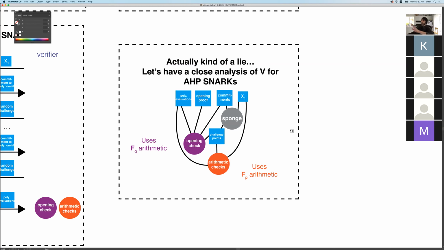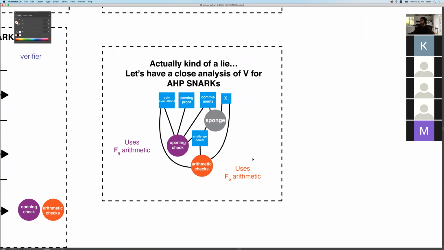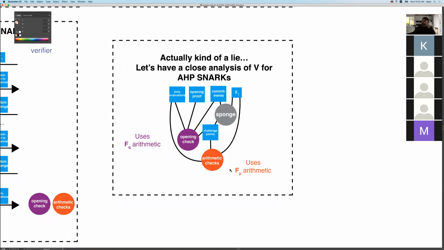For the kinds of SNARKs that we're actually using in practice, those are ones instantiated using polynomial commitment schemes based on elliptic curves. So let me say a little bit about the elliptic curve based polynomial commitment schemes that you actually use to instantiate these.